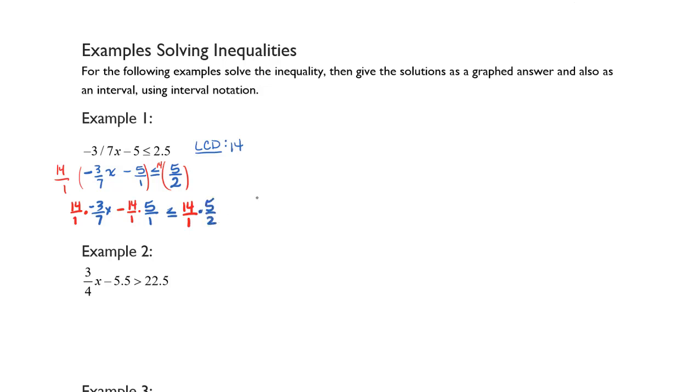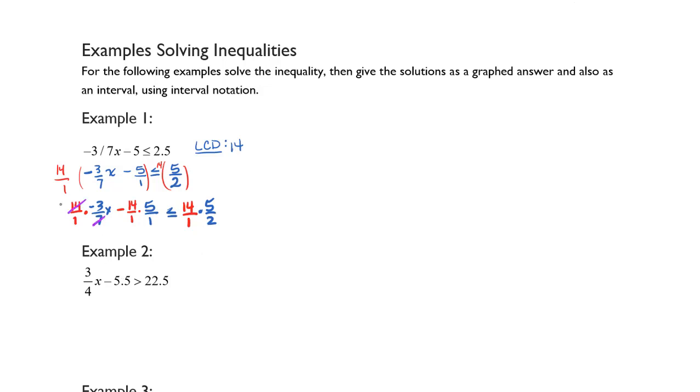Now, should I do this every time? I do it in my head every time, but I don't necessarily need to multiply 14 over 1 every time I clear fractions on an equation or an inequality. But this is a way to do it in your head, and so that's why I'm showing you my process.